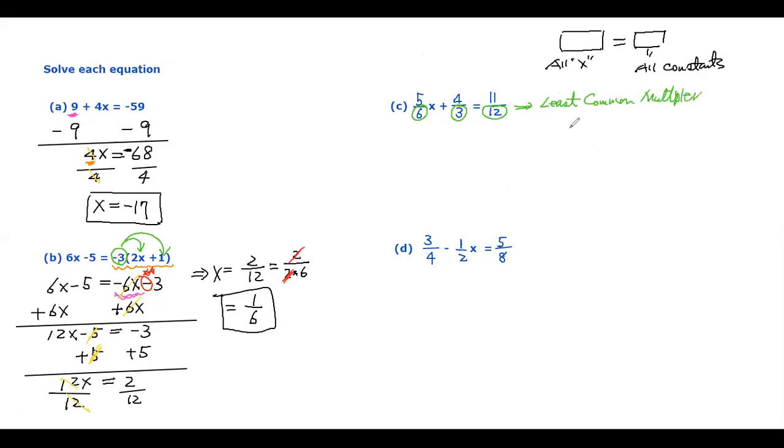Okay, so what is the least common multiple here? It will be 12, right? Because 6 times 2 is 12, 3 times 4 is 12, 12 times 1 is 12. So I know the least common multiple is what? It's 12. So what I need to do here is I'm going to multiply by 12 for the whole equation here.